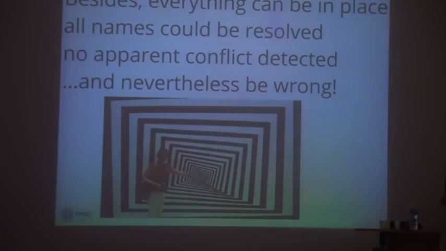Besides, the interesting part of this is, as Andres says, that it seems to work. You can have all in place, you can see no conflict, no error. It's all fine, but something may be wrong, and you can discover it later. Right?